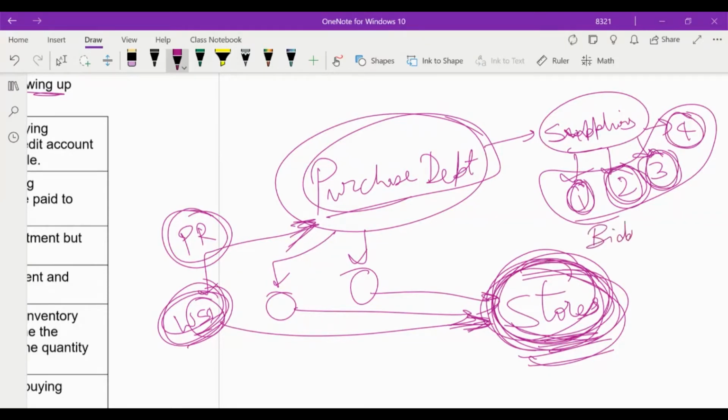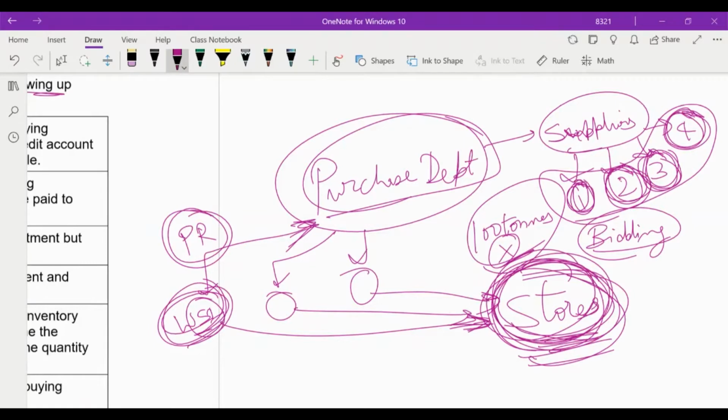Let's say we are giving them a bid that we need 100 tons of, let's say, chemical X. We need 100 tons of chemical X. Now this chemical X can be procured from any of the 4, but we will try to procure it from the vendor, from the supplier who is providing it to us at the least cost, in the earliest possible way, with the best quality, with the best after sales service, with the best terms overall.